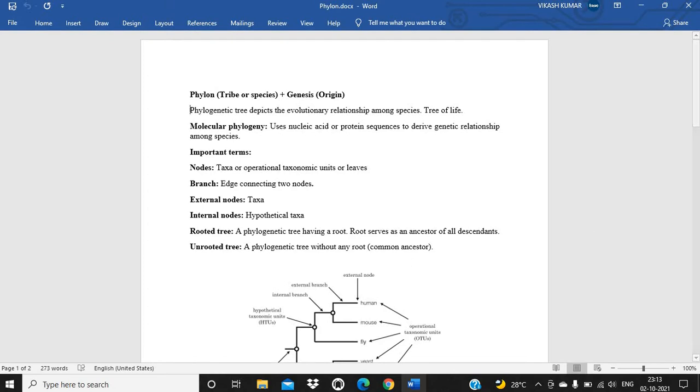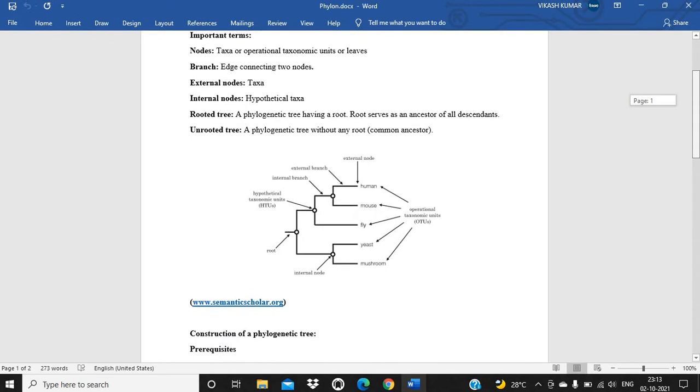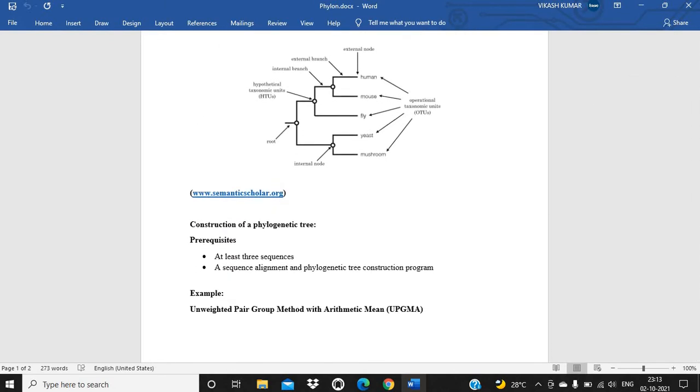In order to construct a phylogenetic tree, we need sequences. Either DNA sequences, RNA sequences, or protein sequences. At least three sequences are needed to construct a phylogenetic tree, and those sequences must be aligned.